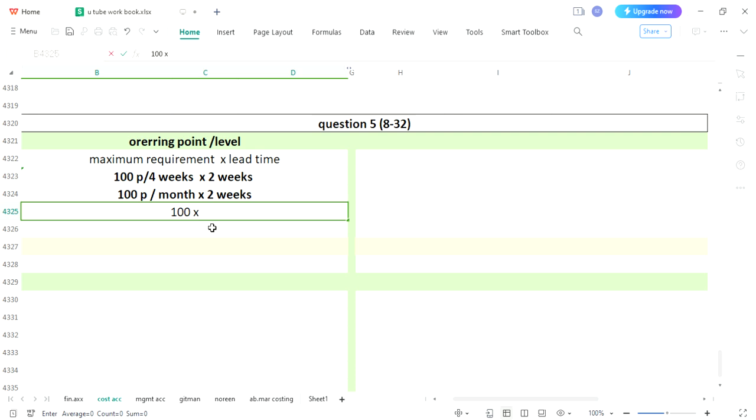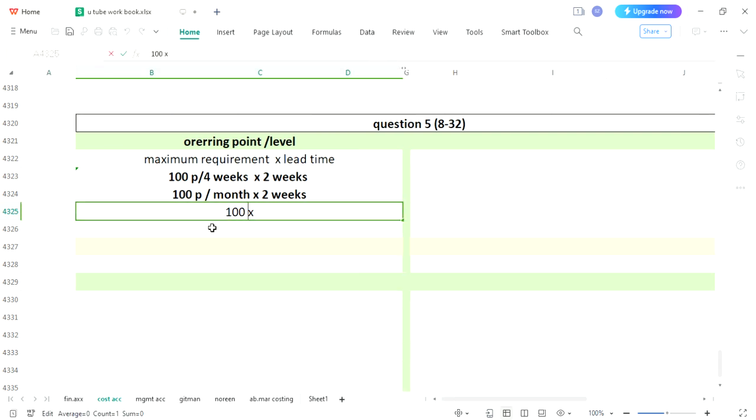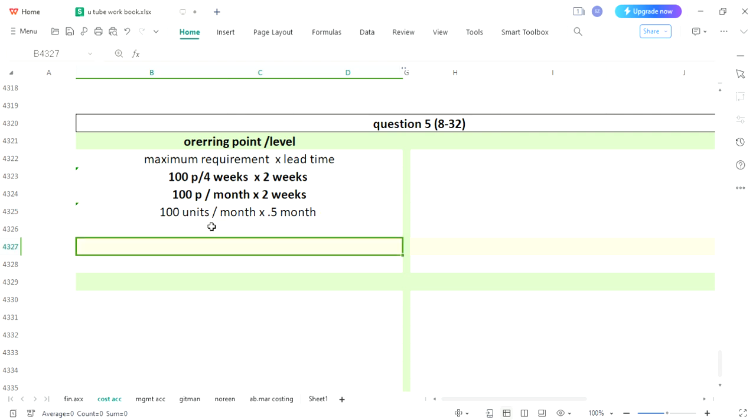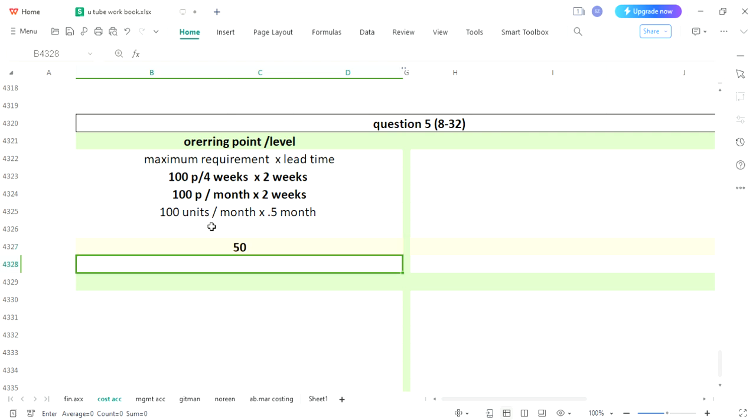Since these 100 units are per month, we'll have to write the time in months as well, and we have calculated it as 0.5 months. Now we calculate our answer: 100 pieces per month multiplied by 0.5 is your time. Please note it down, we have got our answer, 50 units.